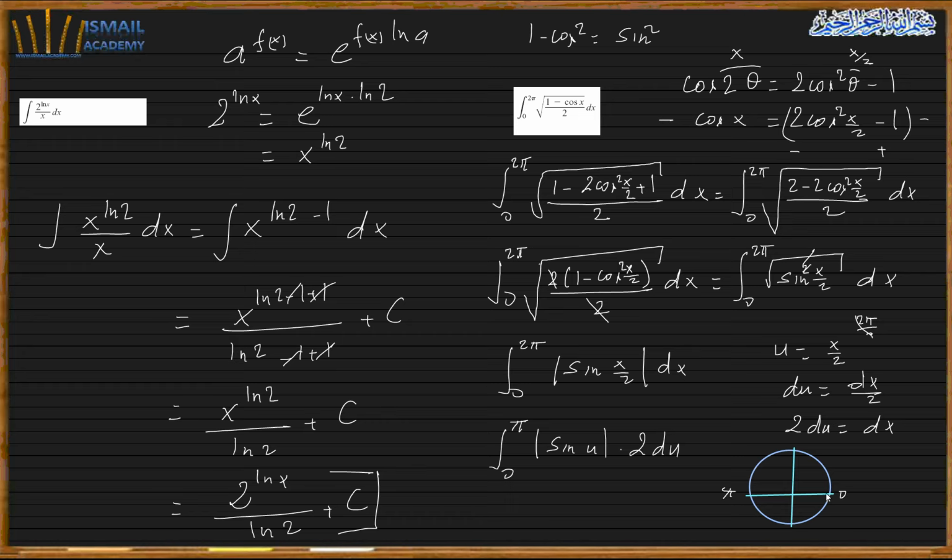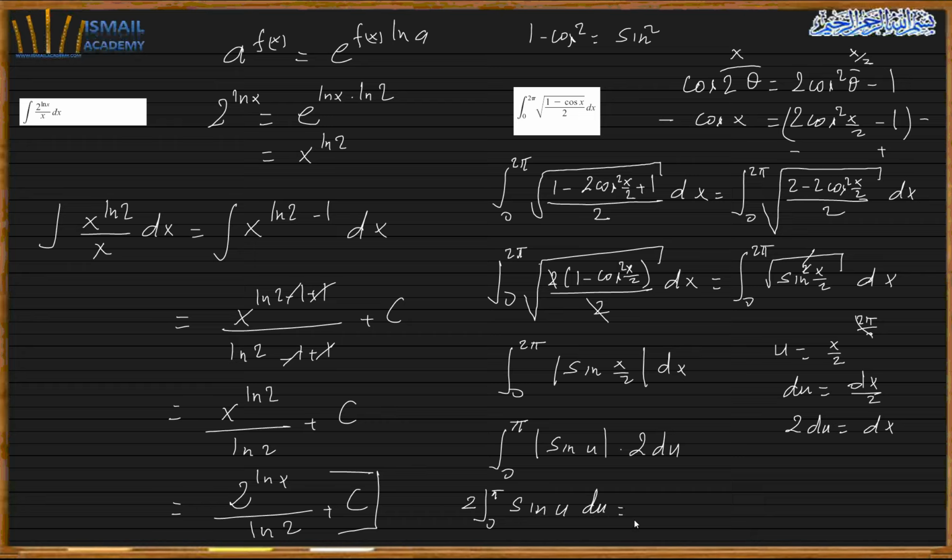You see between here and here, the sine is positive, between 1 and 0. So I don't need the absolute value here, I just need to take it off because it's always positive. Alright, so here is the same thing. I have the integral between 0 and pi of sine of u, with the 2 here, du.